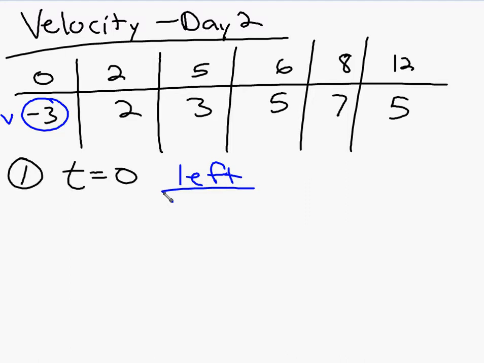Is there a time during the time interval from 0 to 12 minutes when the particle is at rest? And explain your answer. Yes. Very good. Yes, there is. Why? It changes direction.